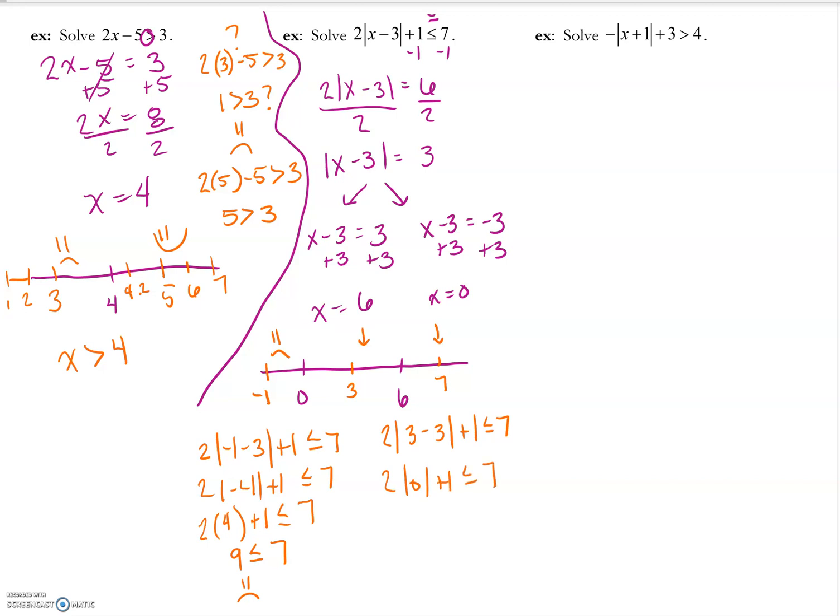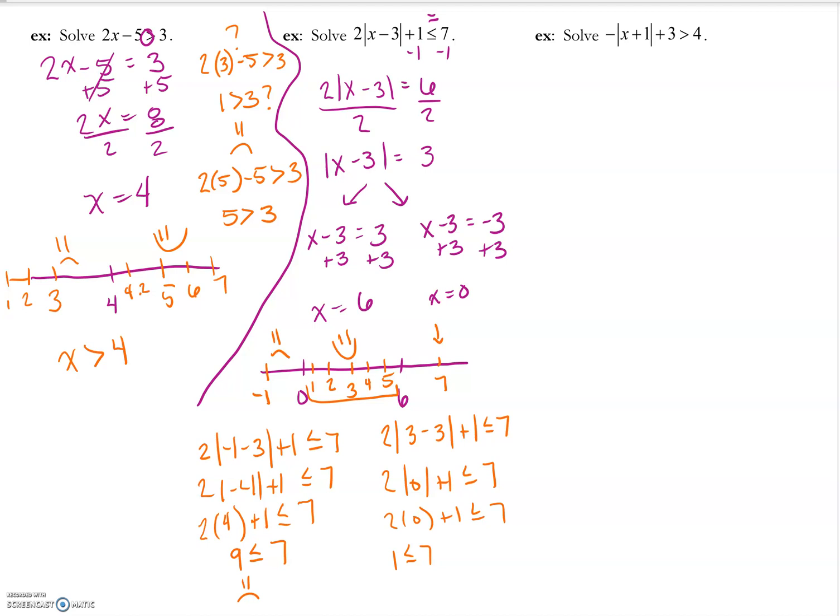I know the absolute value of 0 is just 0. 2 times 0 is 0, plus 1 is 1. And is 1 less than or equal to 7? Yes, 1 is less than 7, meaning that any number in between 0 and 6 would have worked. So again, I could have picked the number 2, I could have picked the number 1, 4, 5, any decimals in between those. All of these numbers would have worked if I plugged them in.